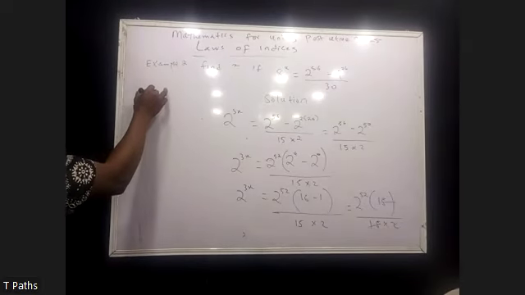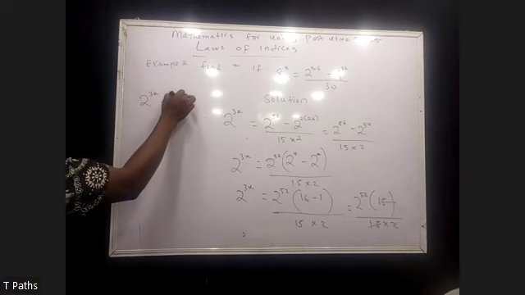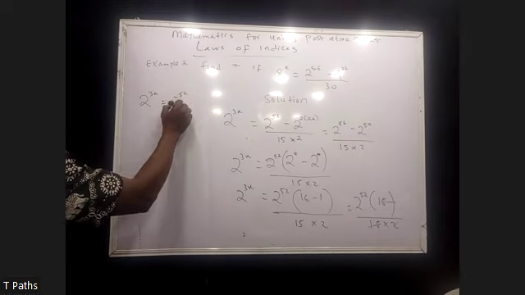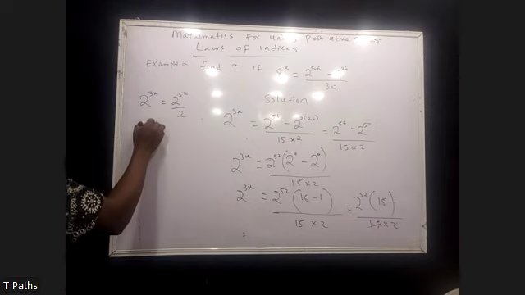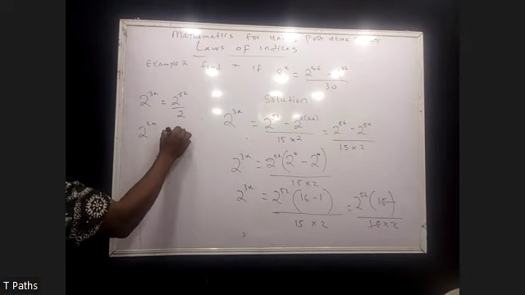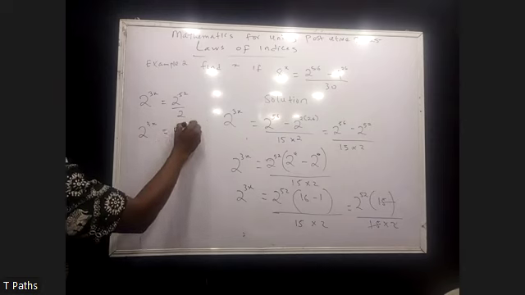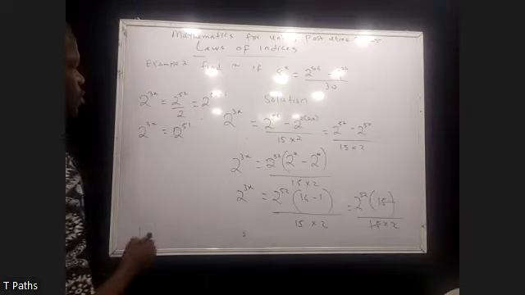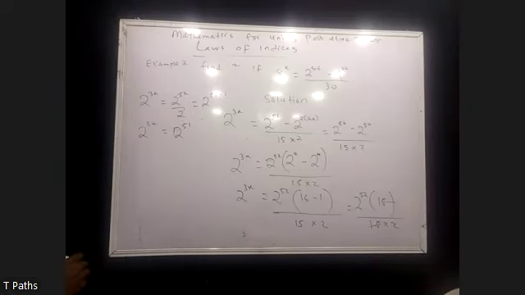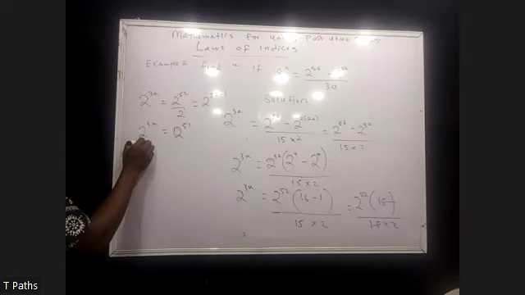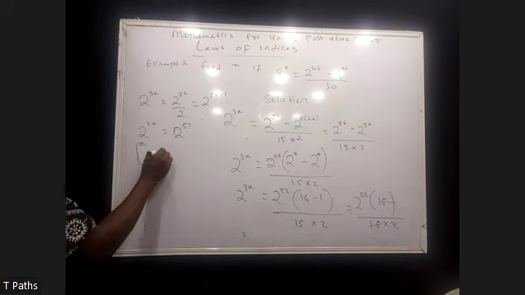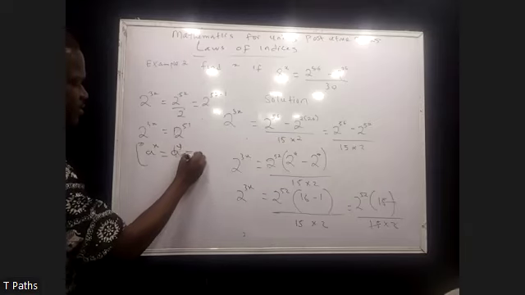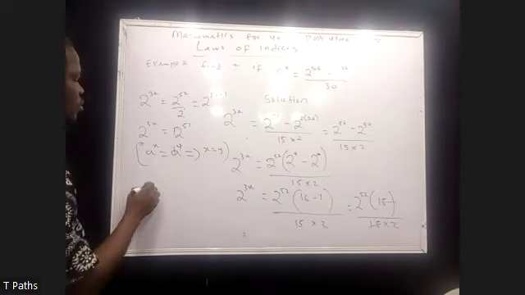This is 2 raised to power 3x equals 2 raised to power 52 over 2, that's 2 raised to power 51. So we follow the law again that if the bases are equal, then the powers are equal, so you can say 3x.